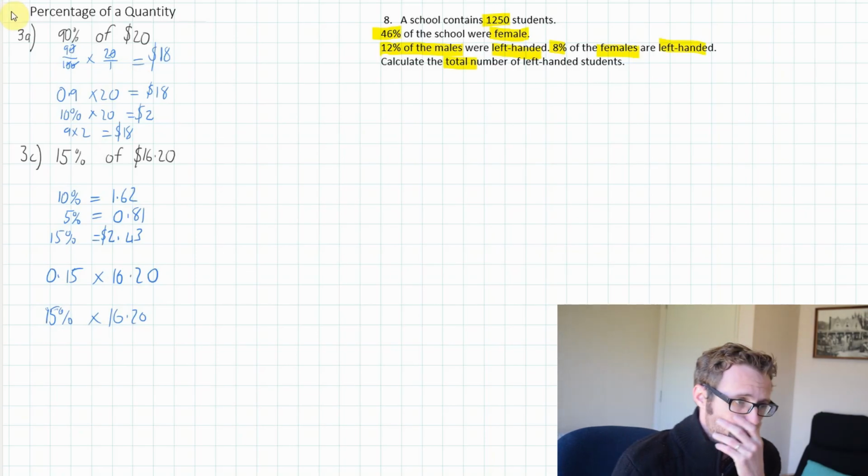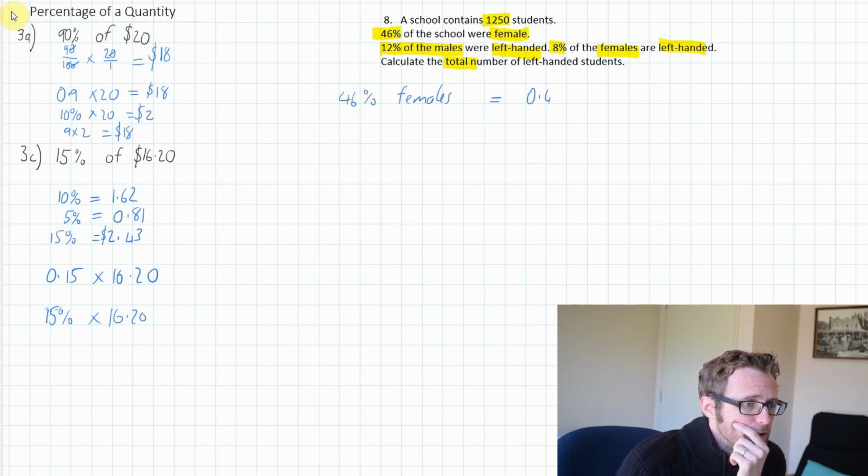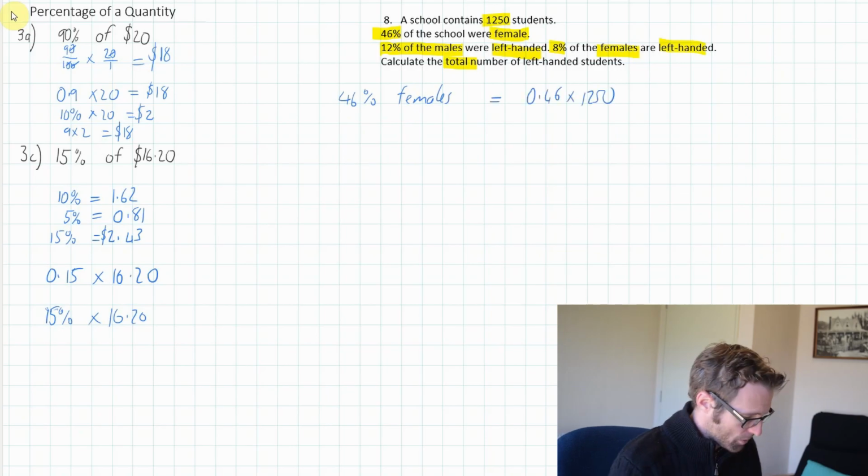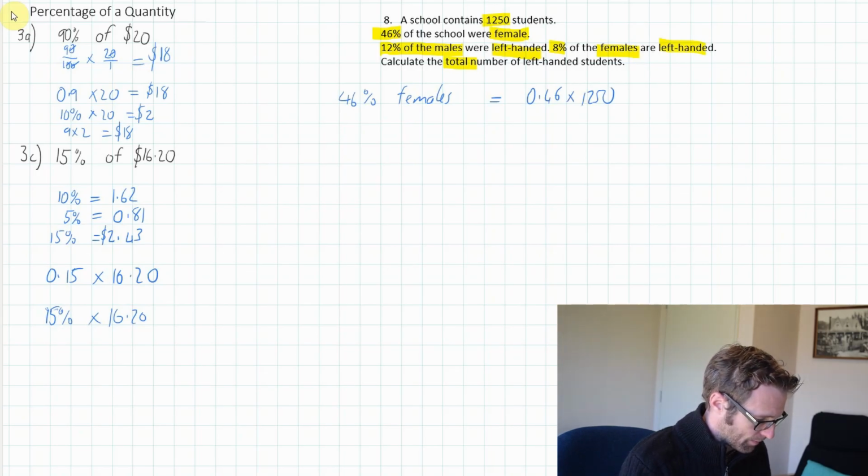So 46% females equals 0.46 times 1250, and when we do that, we get 575.